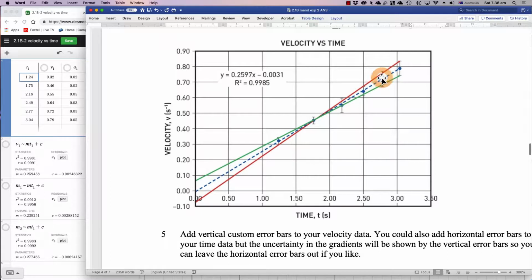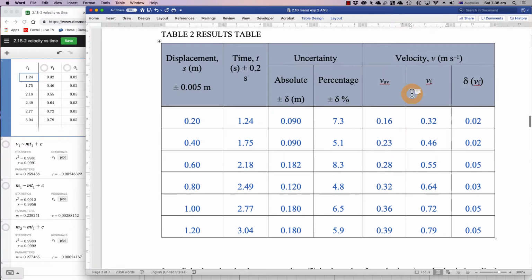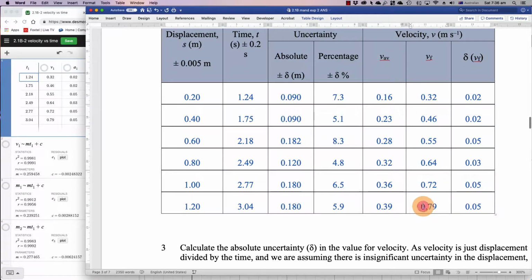This blue line represents my final velocity versus my time. If we go to the data table and look at this point, it has a final velocity of about 0.79 from the graph. If I go back to my table, here is that point, 0.79. That's my final velocity at time 3.04 seconds.